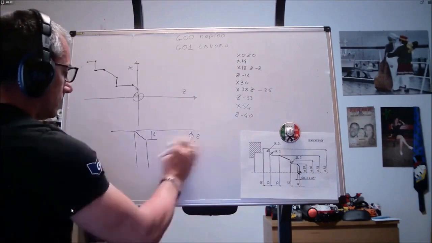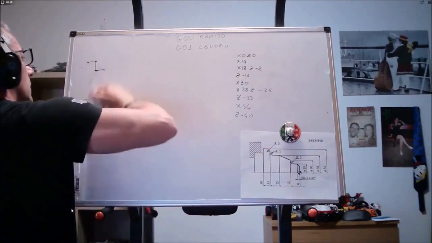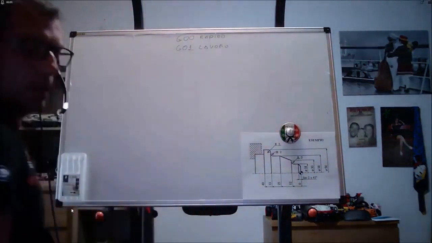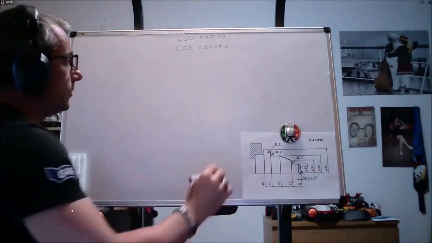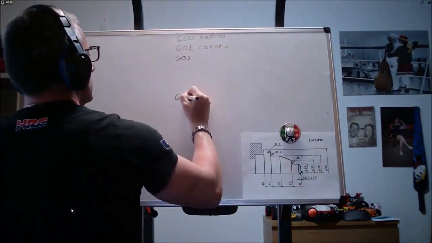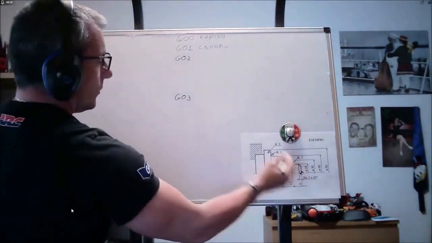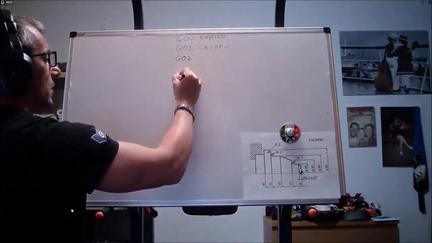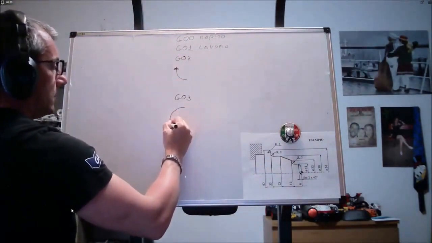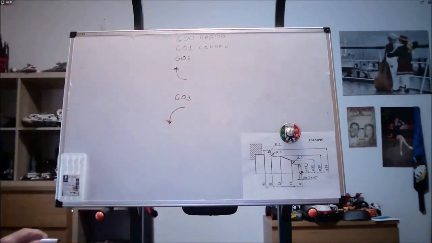Think of an interpolation that is circular, like here: G01 transforms into G02 or G03. G02, as in this case, is circular interpolation with clockwise movement; G03, circular interpolation with counterclockwise movement.